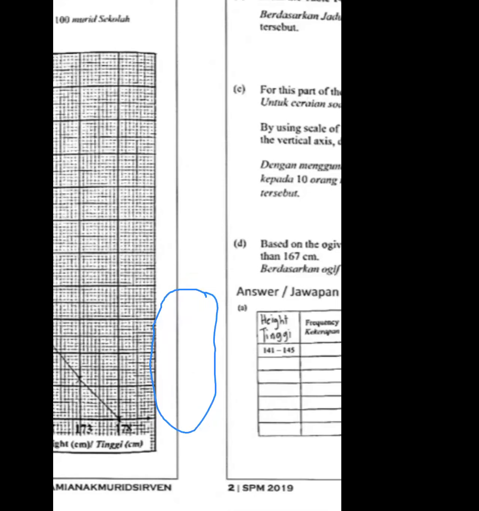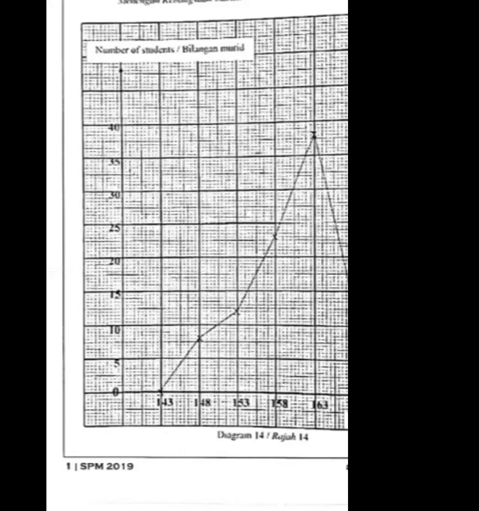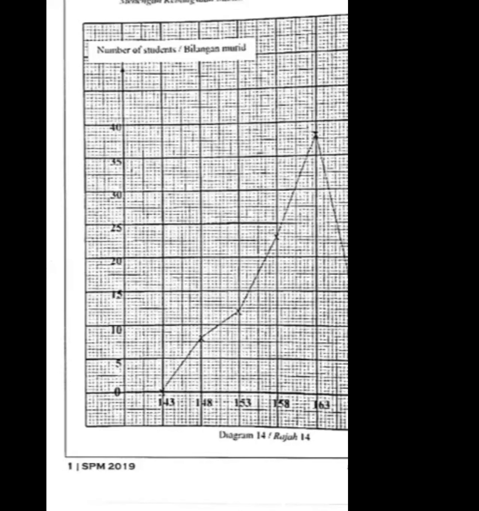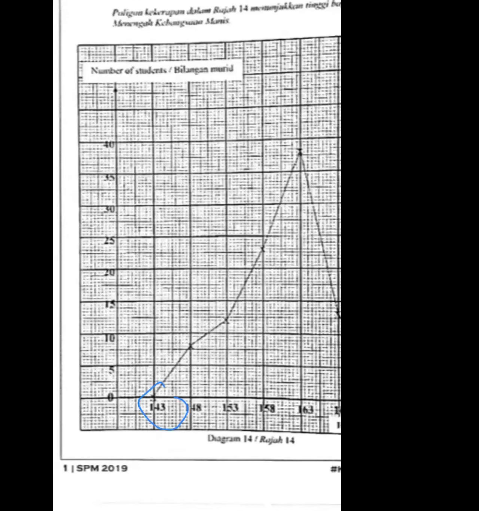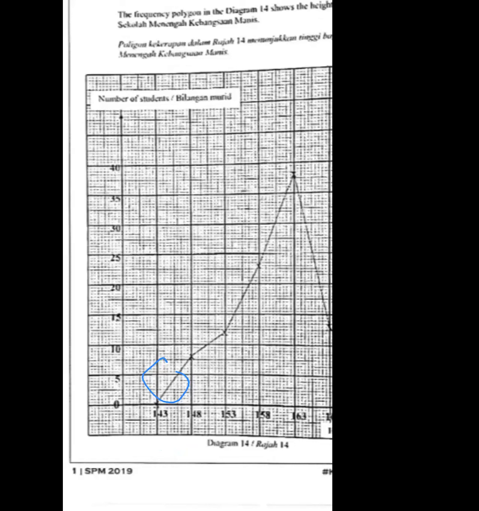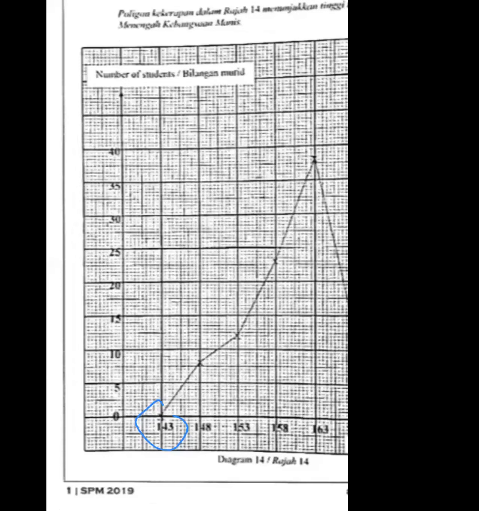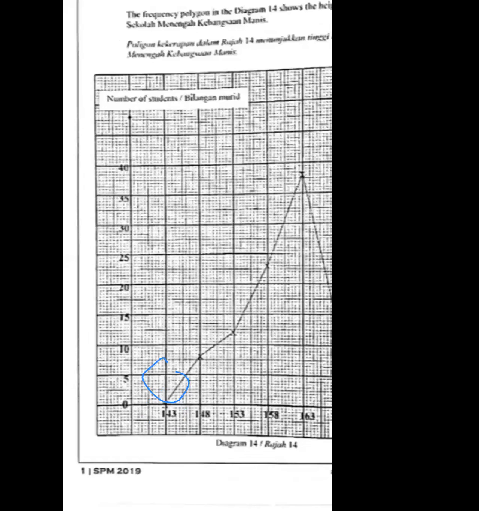Wait, let me clear this off. So you know the answer is 143, right? Then you look at the graph below, at the x-axis there. It shows 143, because the frequency polygon uses the midpoint to plot the x-axis. So you just find the number of students, which stands for frequency, and you write 0.